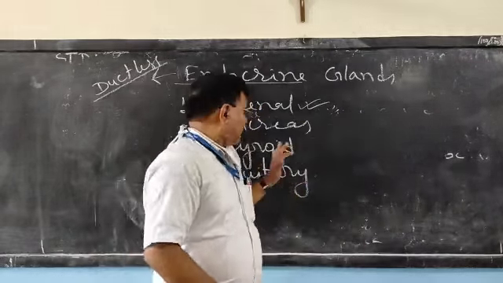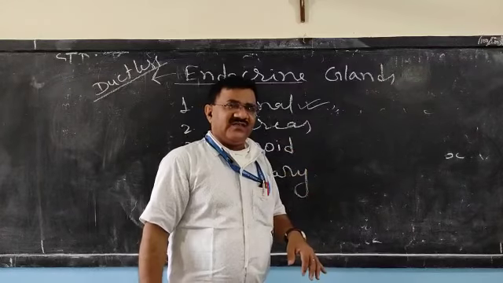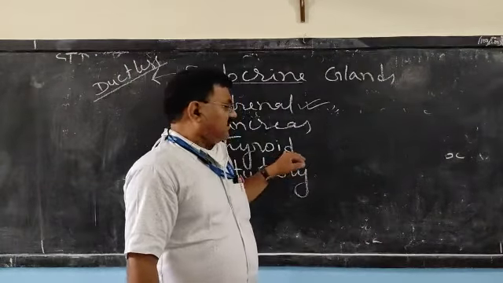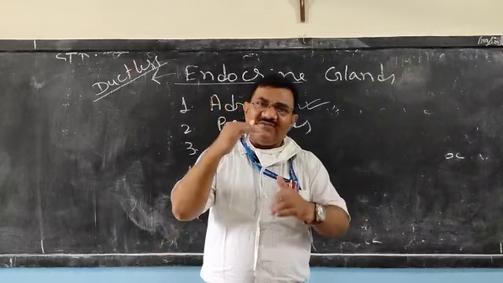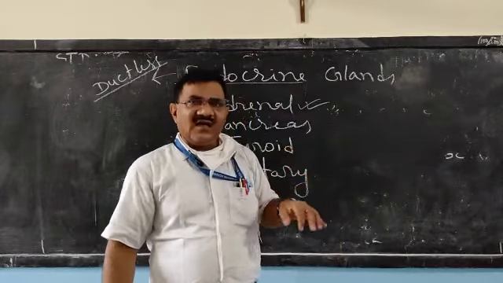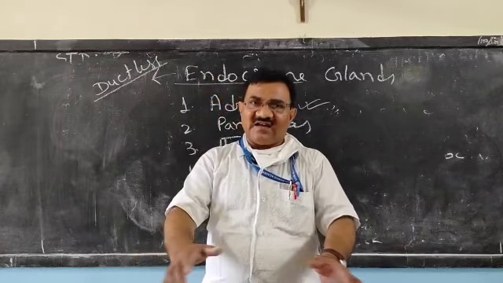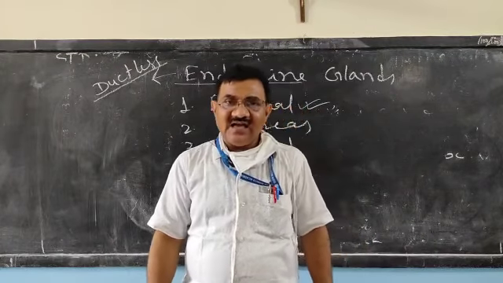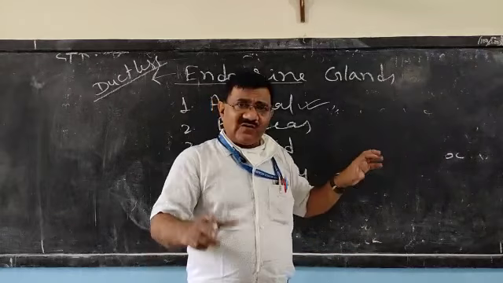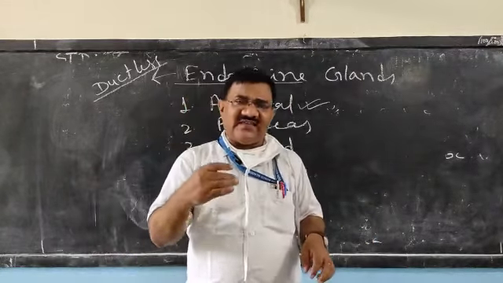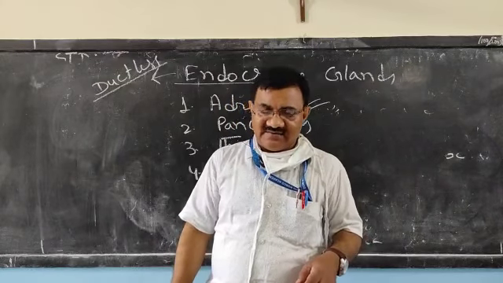Here in theory, one very important question is there: people living in hilly areas suffer from simple goiter because the soil there lacks iodine. That is the answer. Older people feel cold because less thyroxine is secreted by the thyroid gland.